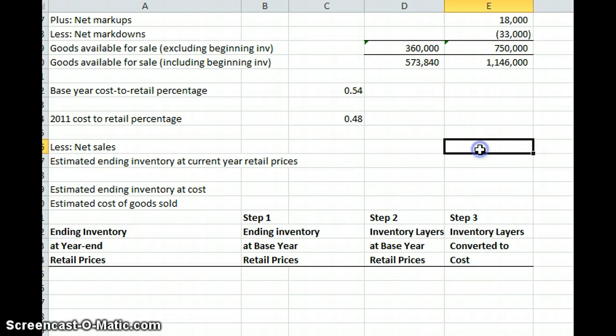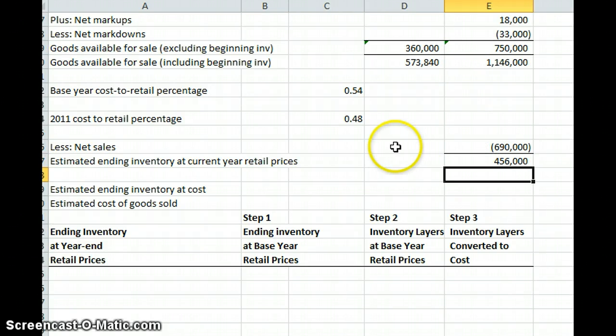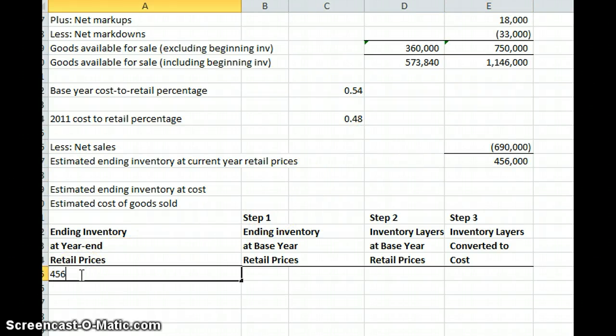We are going to subtract out our $690,000 of sales, and that is going to give us an ending inventory at current retail price. Again, I'm just going to do a little sum here for that of 456,000. So that's going to be my ending inventory at retail prices.